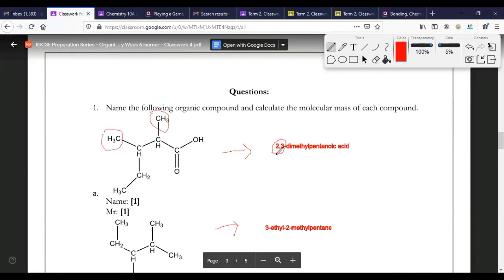Because it is the same, you need to write it like this, with prefix di to indicate there are two identical branches, and this number is combined because they are the same, 2,3. And why do we use separate numbers here? Because they are different. One is methyl and one is ethyl, and we separate them also by using a dash.